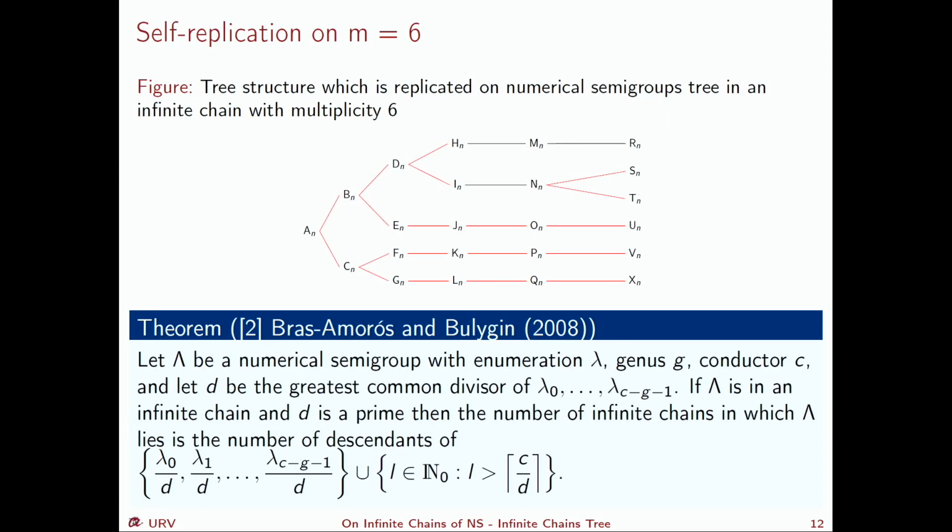We also found the behavior for multiplicity 6, which begins this way. And with that theorem, we prove that Tn, Un, and Xn will continue as a line. And the Sn and Vn belong to an infinite chain.